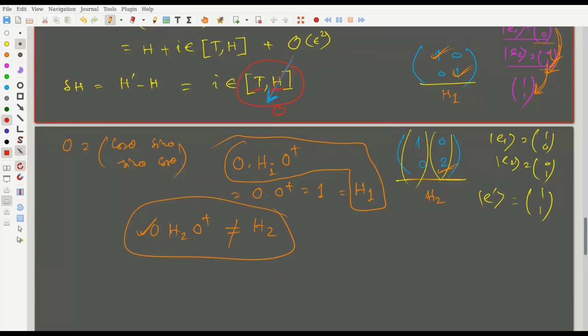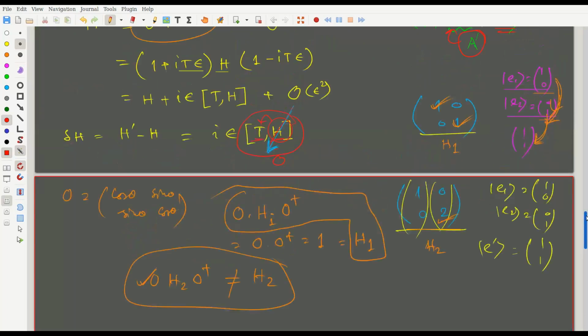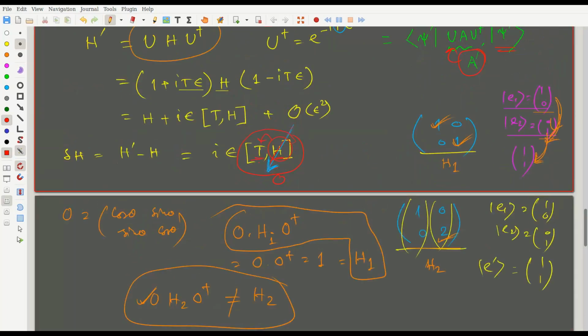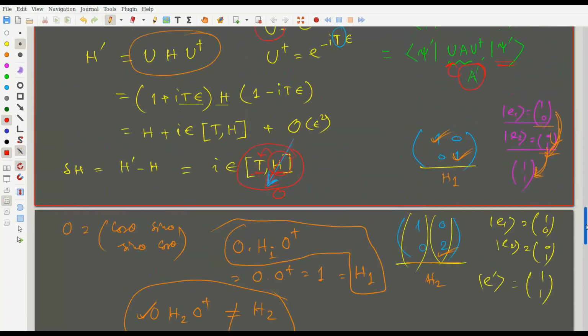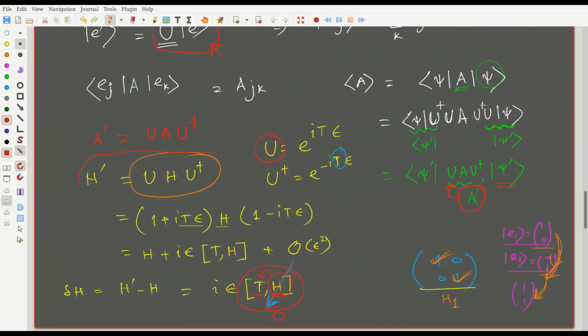That means the degenerate eigenstates of H, the degeneracy would be labeled by different eigenvalues of T, if you understand what I mean. So when this commutator is 0, that means there is a symmetry present in the Hamiltonian. This symmetry leads to degeneracy. Here you see the same thing. So symmetry leads to degeneracy and vice versa.